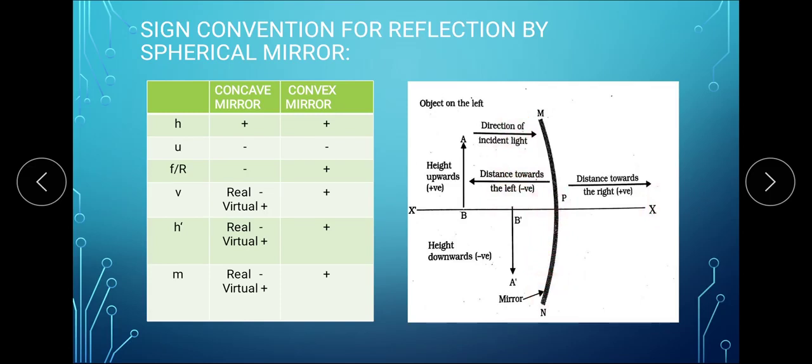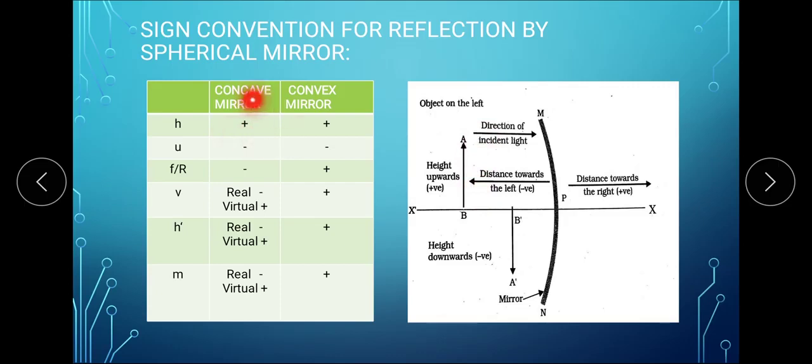Right students, let's apply this new Cartesian sign convention to get the sign of various physical quantities which we will be using to solve numericals. As we know, all the distances above the principal axis are positive.